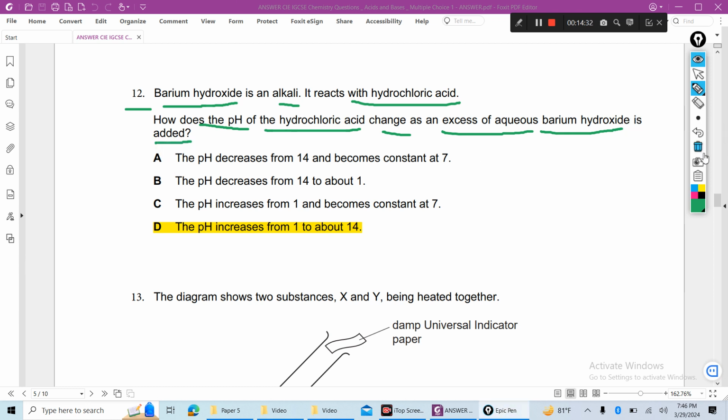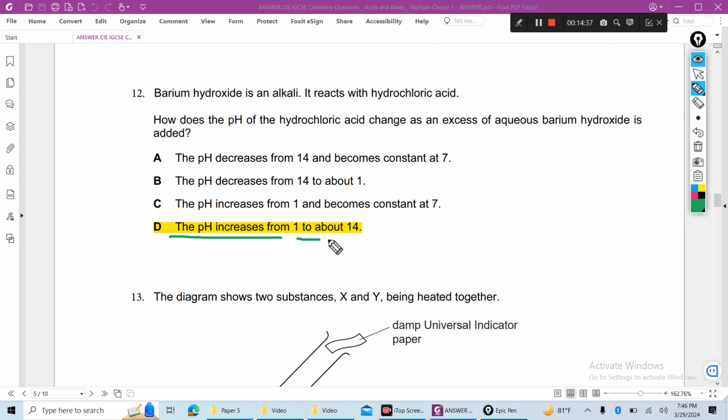So pH increases from 1 to about 14, because barium hydroxide is a strong alkali and is soluble. So if you add excess, it will be fully alkaline. So pH increases from 1 to nearly 14. That's why D is the correct answer.